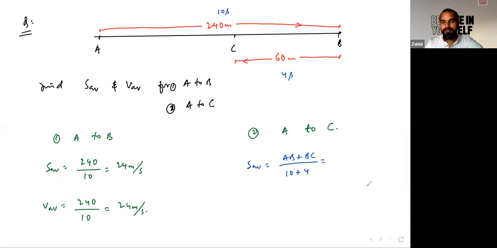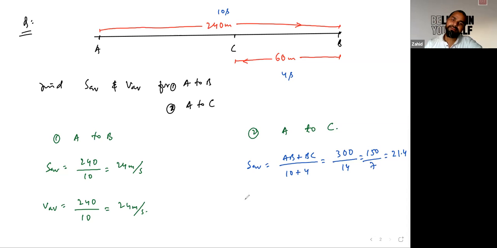AB is 240 and BC is 60, so it becomes 300, divided by the total time taken, 14 seconds. So it will be 150 divided by 7, which is about 21.4 meter per second.